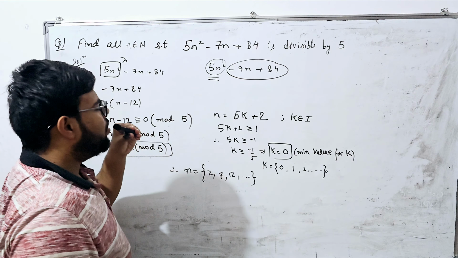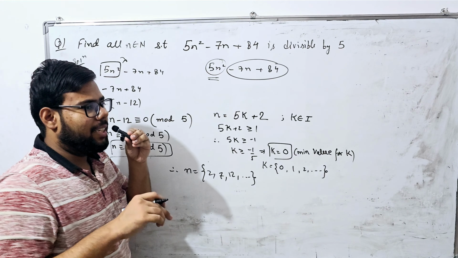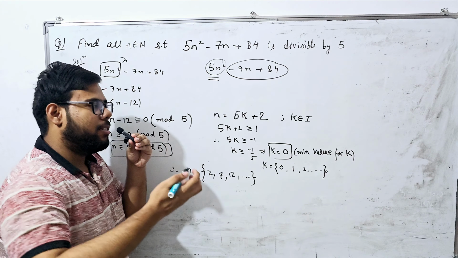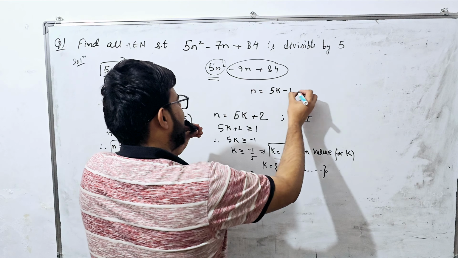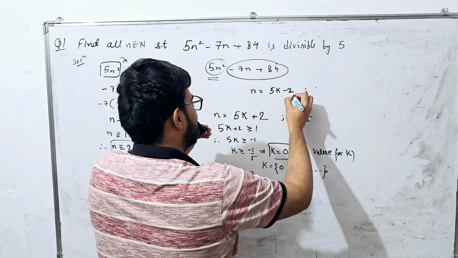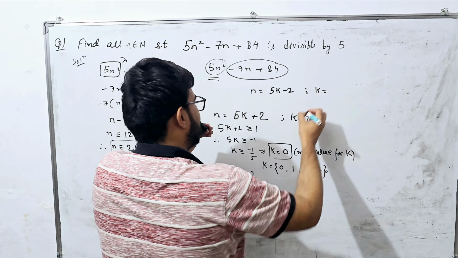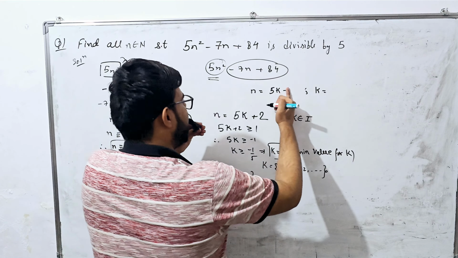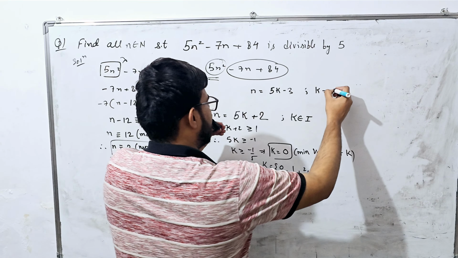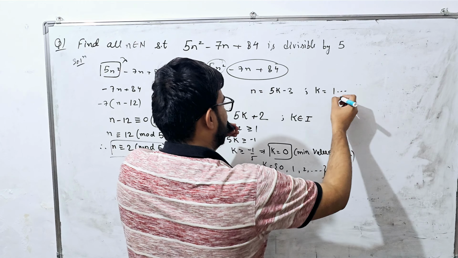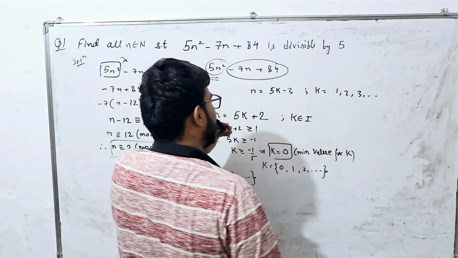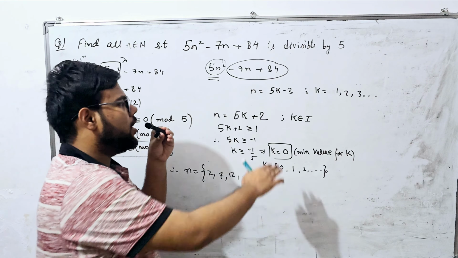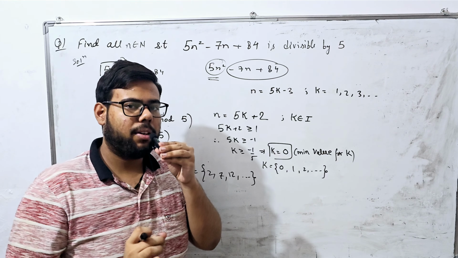Or if you want to express it as a general term, you can say that n = 5k − 3, where k goes from 1 to infinity. This is the general expression to express any general term.